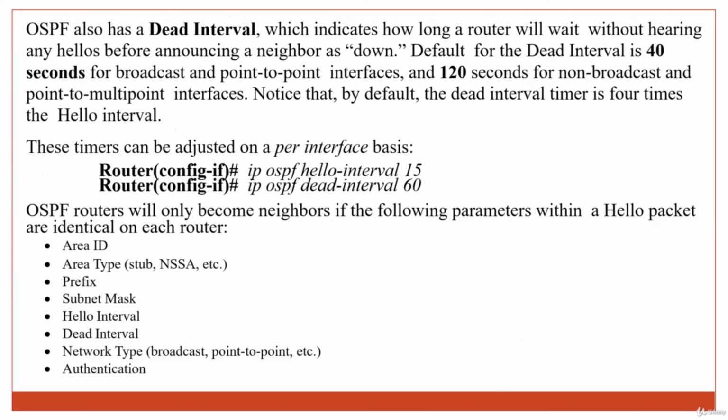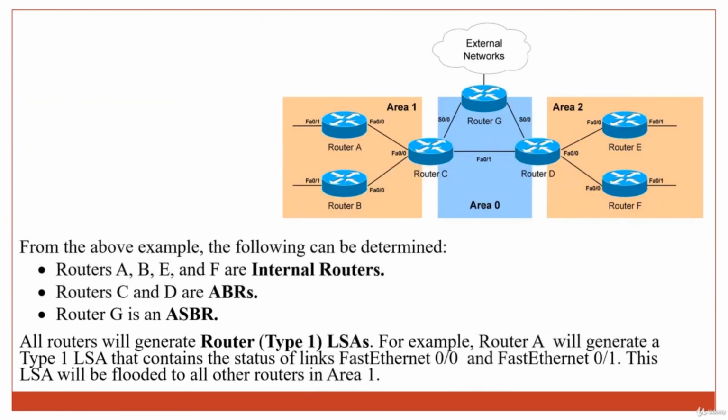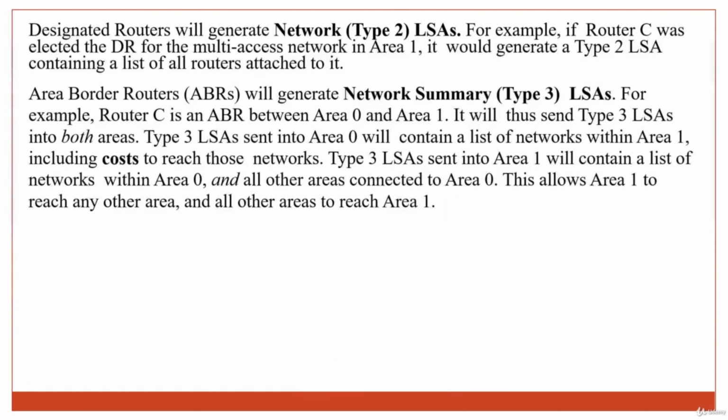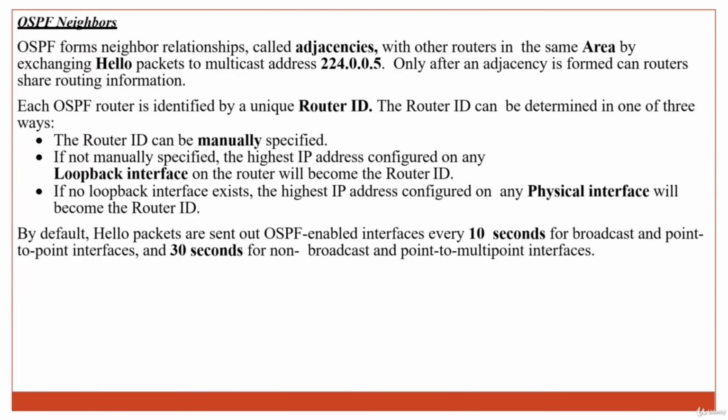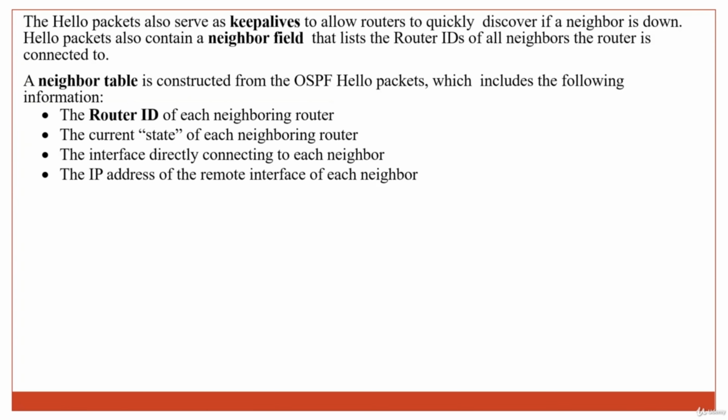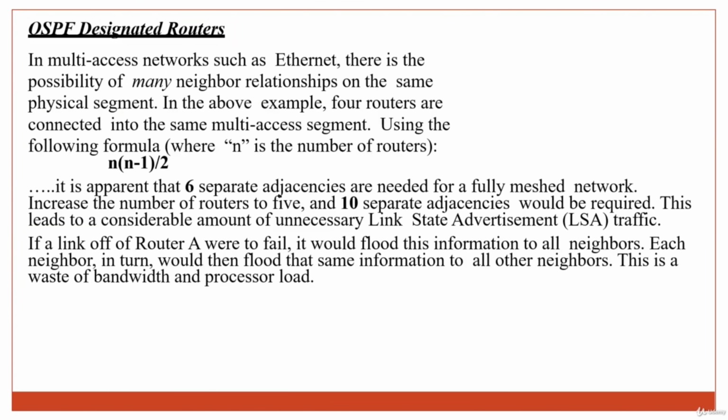Okay, so what are the important things we have studied in this video? The types of LSA, then how they form the OSPF neighbor relationship, and the important fields inside the hello packet, which all devices send to their peer devices to form the neighbor relationship.